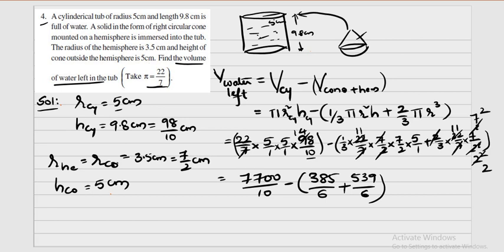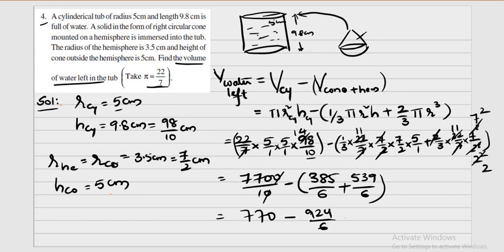Since the denominators are the same, I can directly add the numerators, 385 plus 539, which gives 924. Here the zeros get cancelled, so this becomes 770 minus 924 divided by 6.